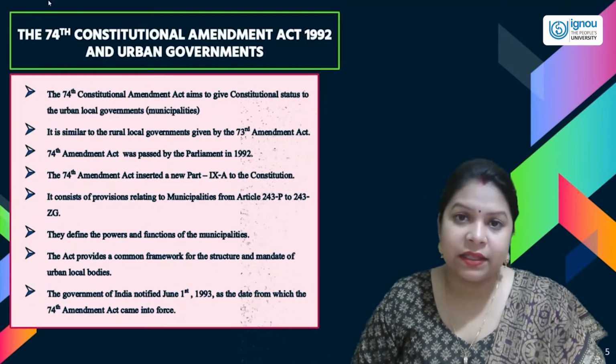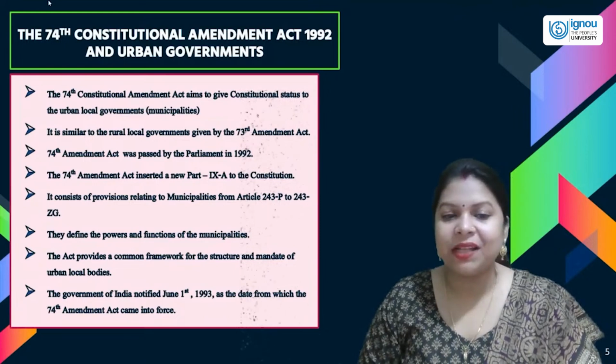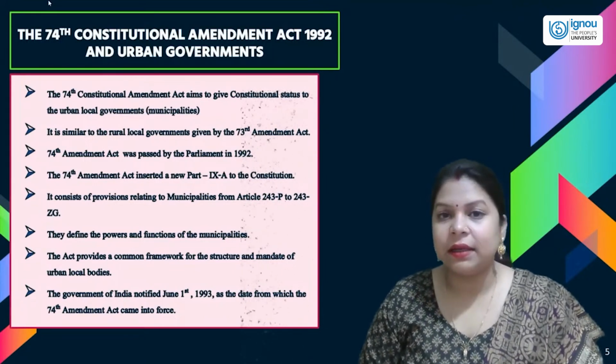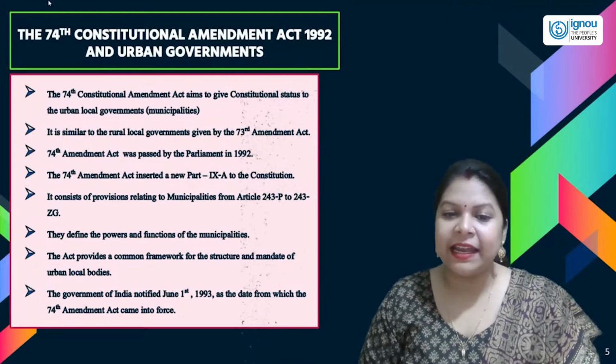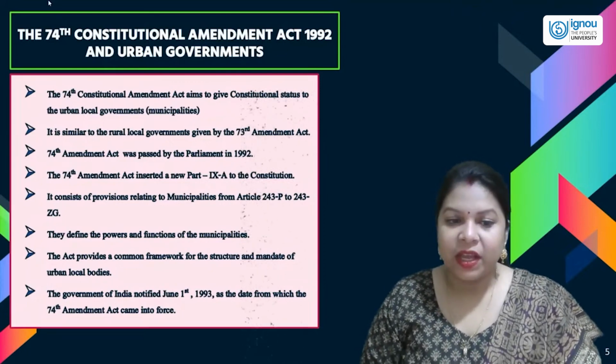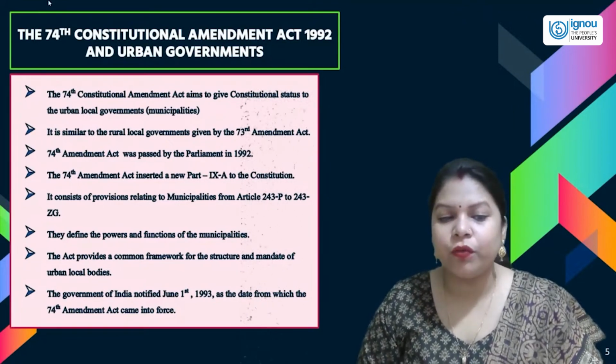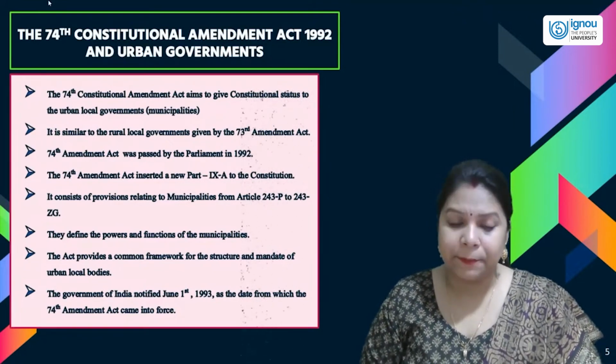This act, the 74th Amendment Act, was passed by the Parliament in the year 1992. This act inserted a new part, that is 9A, into our constitution. It consists of provisions relating to municipalities from Article 243P to 243ZG.